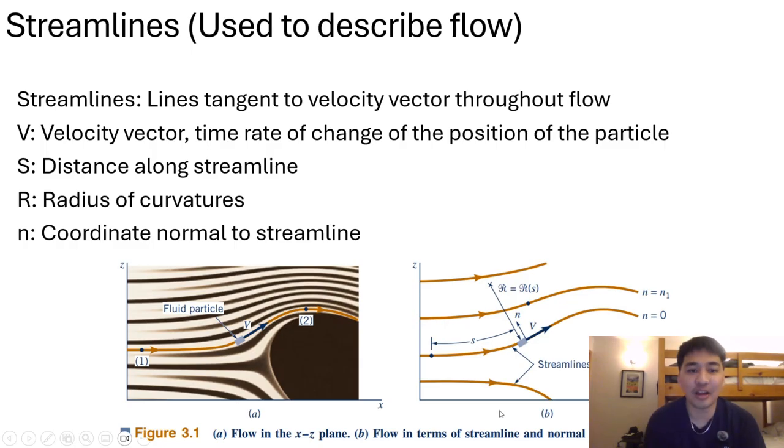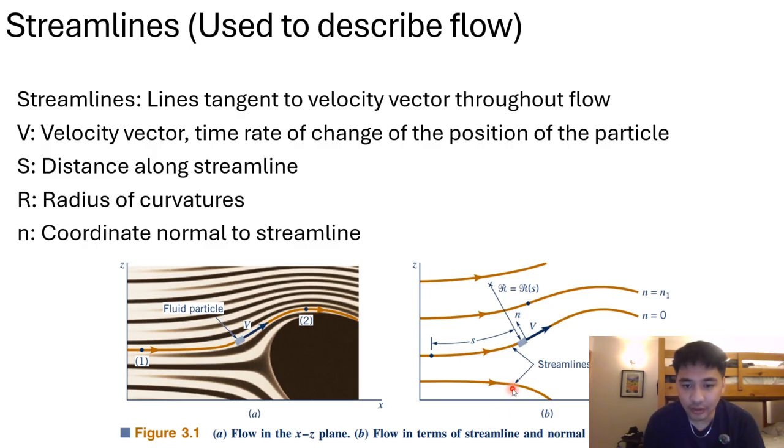Okay, so what we're going to talk about right away is streamlines, which is essentially used to describe flow in a fluid. So let's jump straight to the pictures. In picture A, you have an XZ plane, and this showcases the streamline for a fluid particle. There are 2 points, location 1 and location 2, and V is your velocity vector for the fluid there.